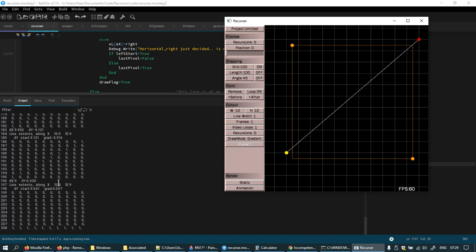Because it's coming along x still. dy has become 0.43. So yeah, it would go along here if that was what it thinks dy is. How did it come to that conclusion? Oh dear, okay. What happens if I do this?